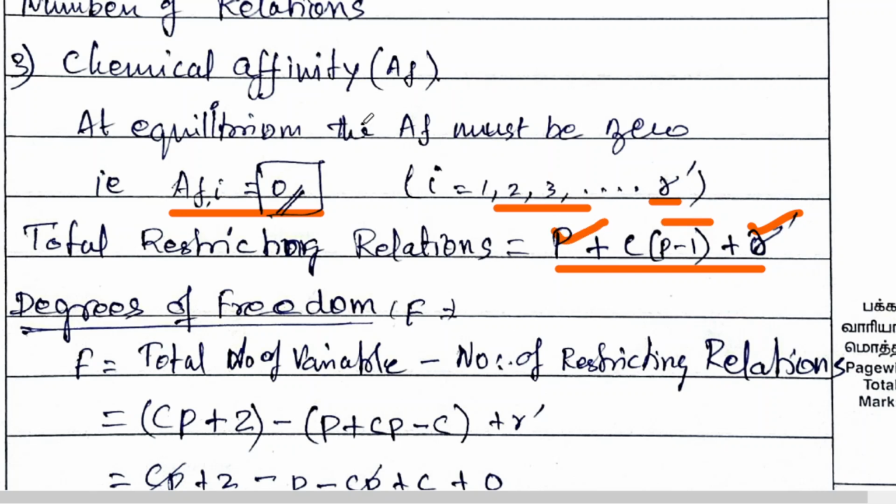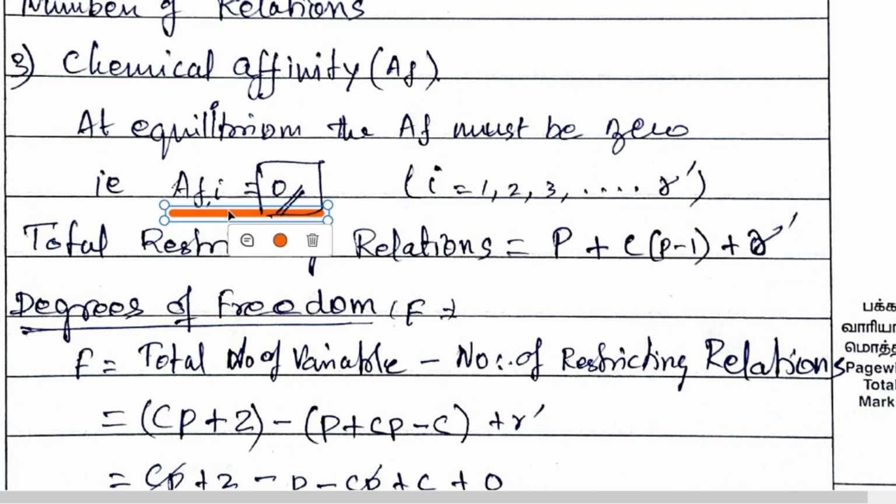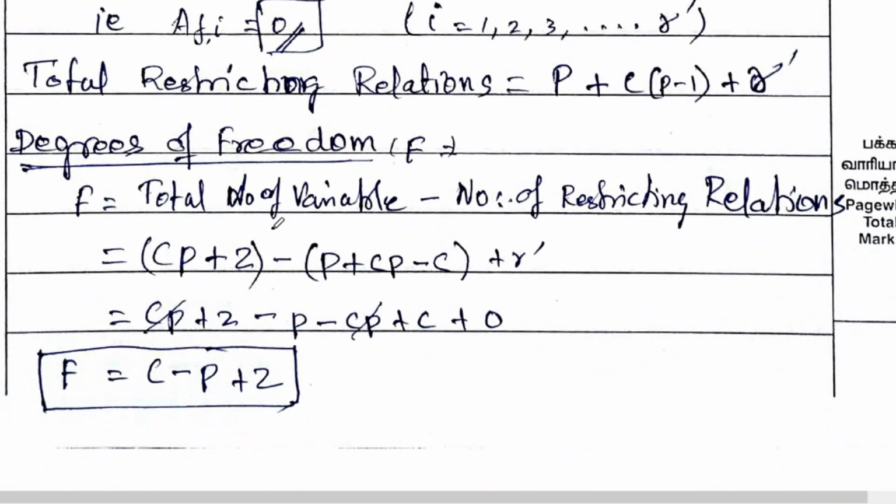Okay, we have calculated the total restrictions. Earlier we calculated the total variables. Now we can calculate the degrees of freedom F. The degrees of freedom F is equal to the total number of variables minus the number of restricting relations.